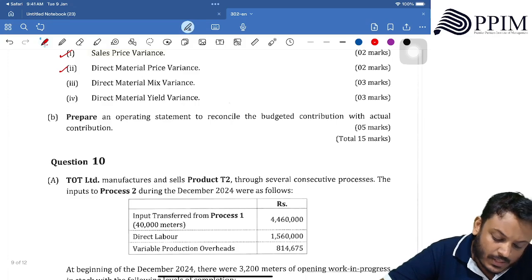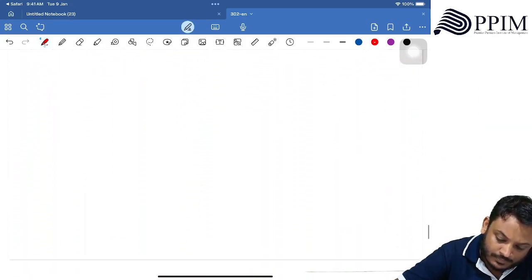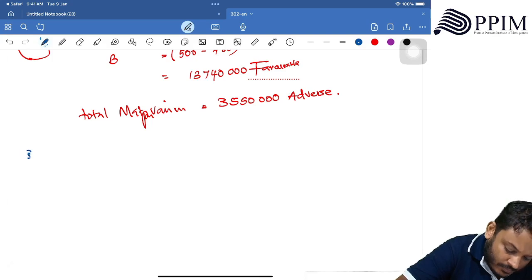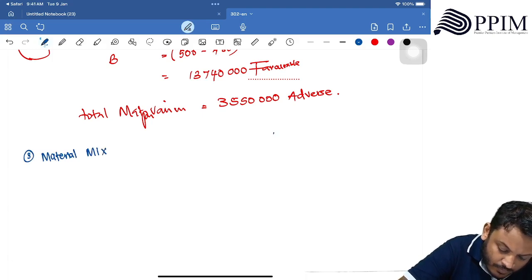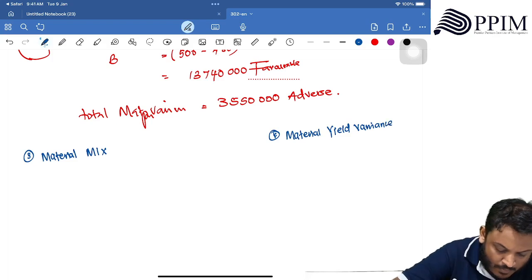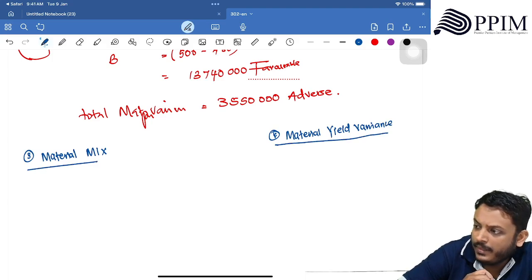Material mix variance and material yield variance. Mix variance and materials yield variance.